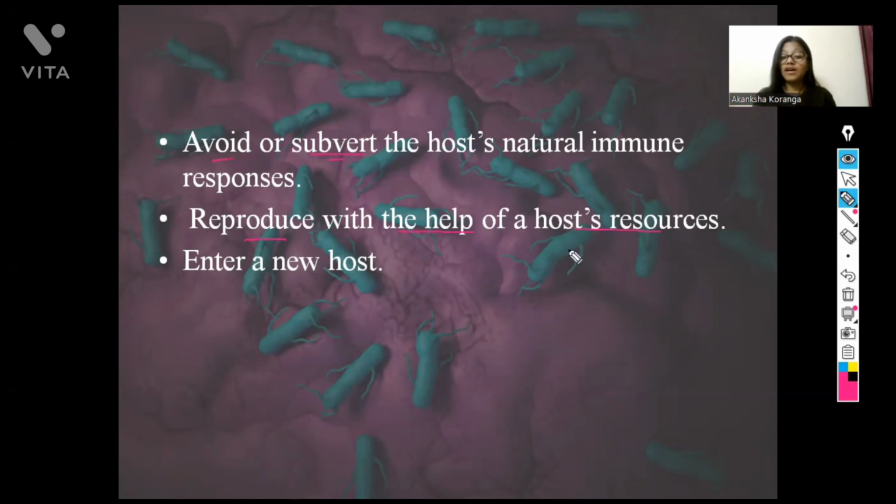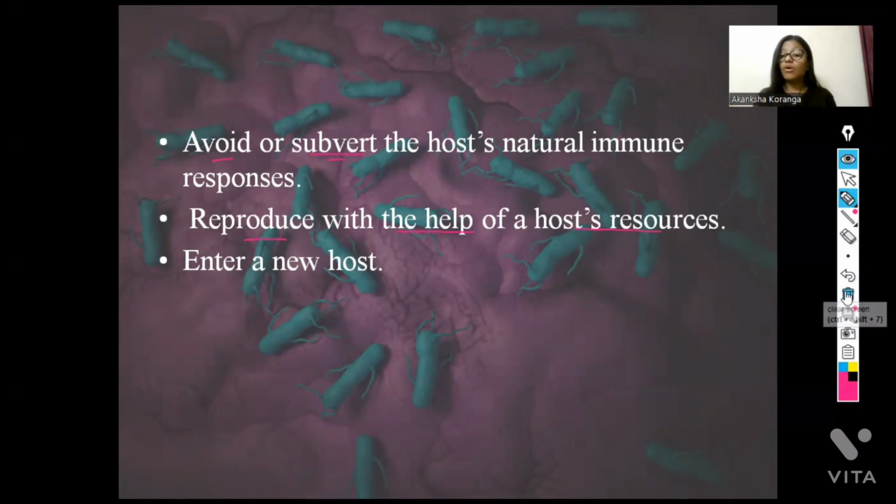The fifth point is they enter a new host. After using the resources of the previous host, if those nutrients are finished, then to survive they will enter a new host and find new nutrients and resources to survive further.